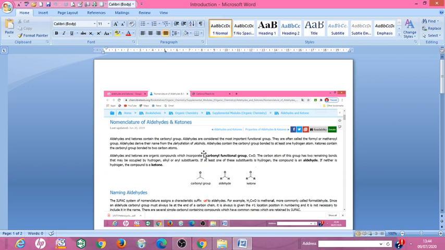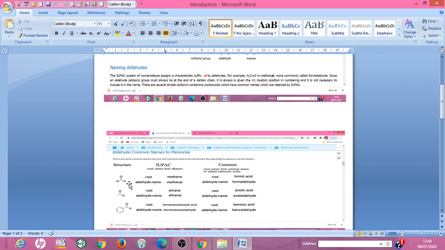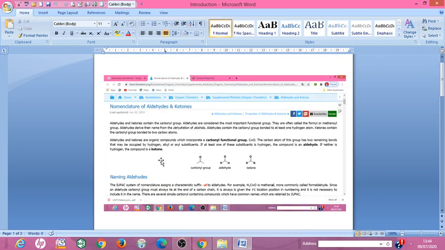The carbonyl group directly attached with one hydrogen atom or two hydrogen atoms, then this species is known as aldehydes.